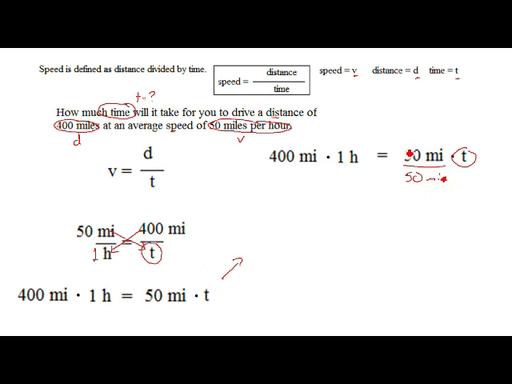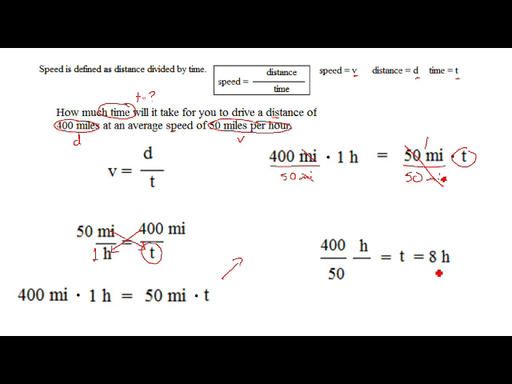So this will all cancel out and leaves 1. Do the same thing on the other side: divide by 50 miles, and our miles will cancel out. That gives us 400 hours divided by 50 equals our time, and that's 8 hours.